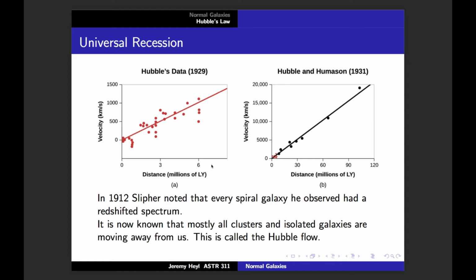And what we find, or people started to find in the 1920s even, is that every galaxy, except for maybe 3 or 4, is moving away from us.